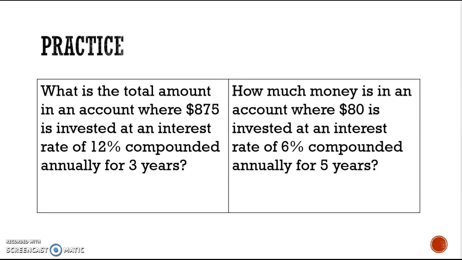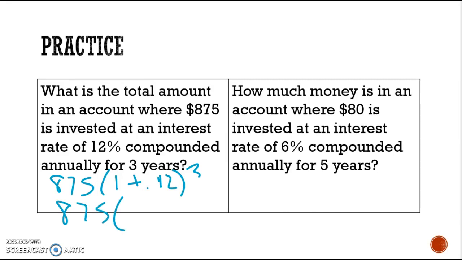Alright, so this first one is $875 times 1 plus 0.12 to the third, sorry. So it's going to be 875, 1.12 to the third. So I'm going to type in 1.12 times 1.12 times 1.12.